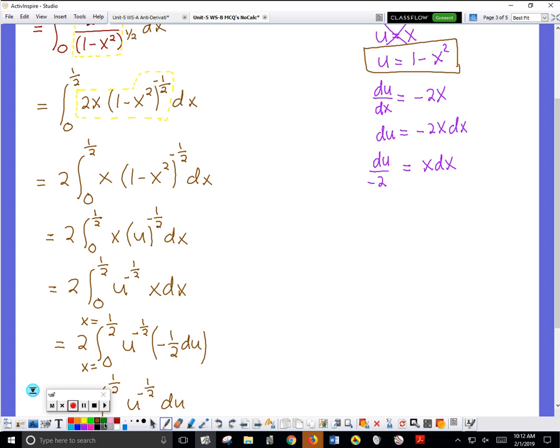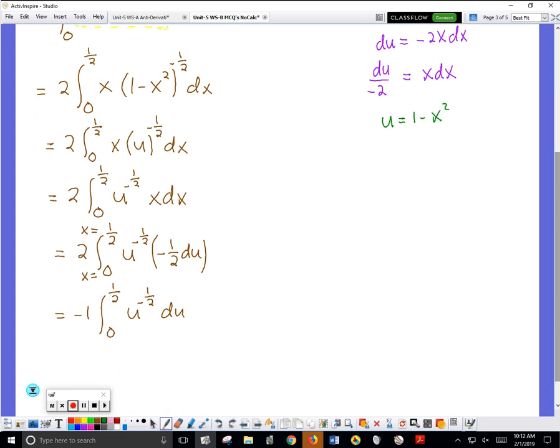So I need to do one more replacement. We got u equals 1 minus x squared. I need to replace the limits. So just plug them in. u is equal to 1 subtract, when x is 1/2, 1/4, or 3/4.